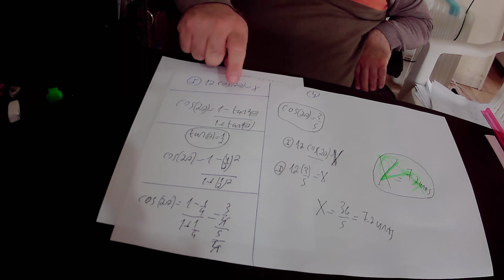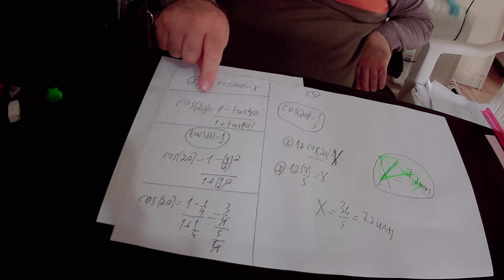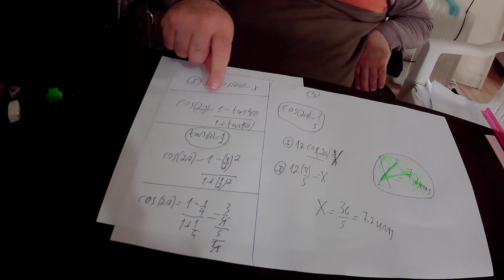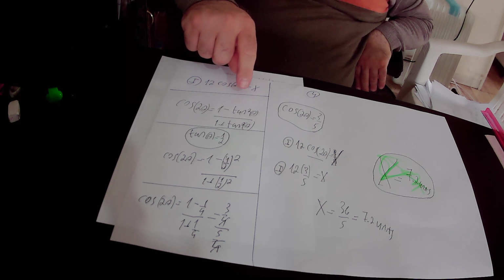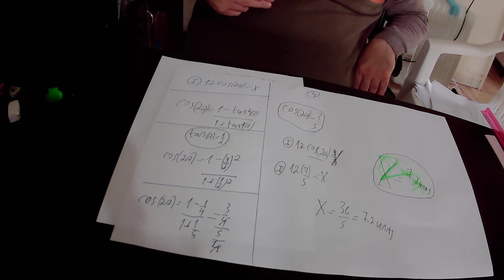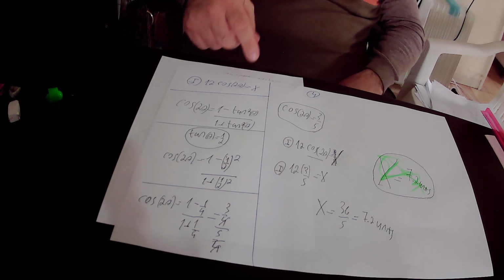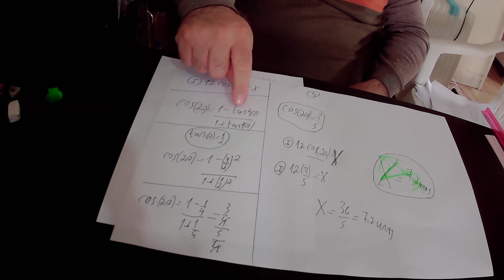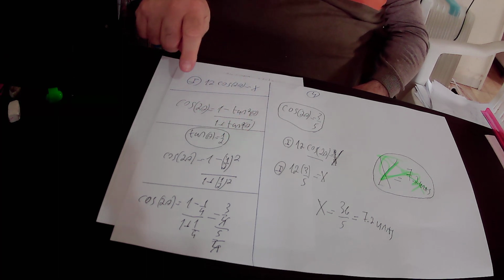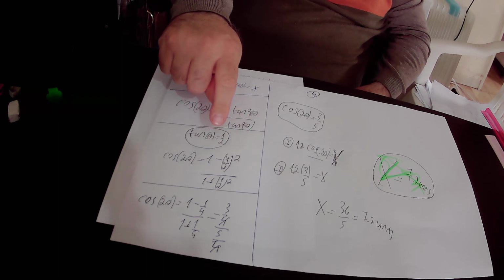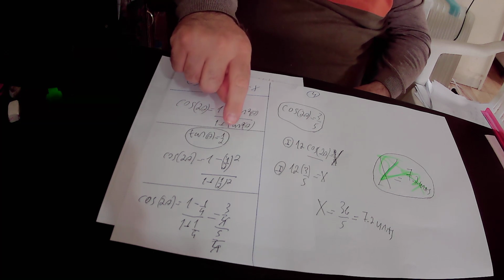So if tangent theta equals 1/2, it means that tangent squared theta will be equal to 1/2 squared.